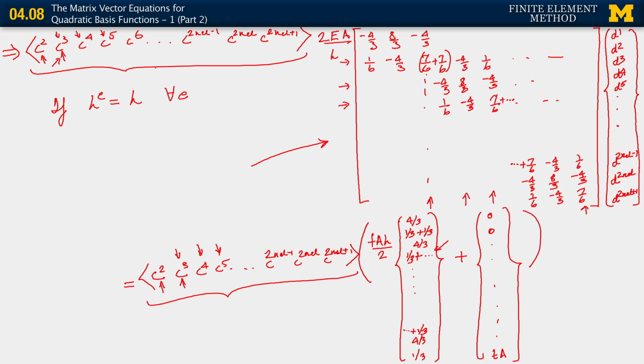How many components in that vector? 2 times NEL. Whereas that vector has 2 times NEL plus 1. Consequently, this matrix that we have here is 2 NEL times 2 NEL plus 1.